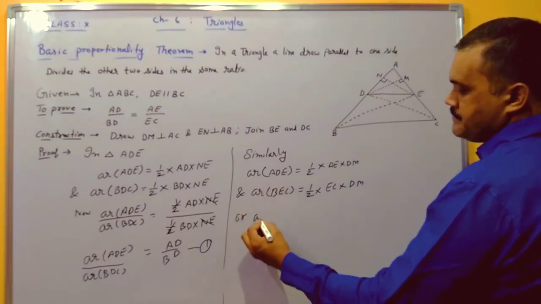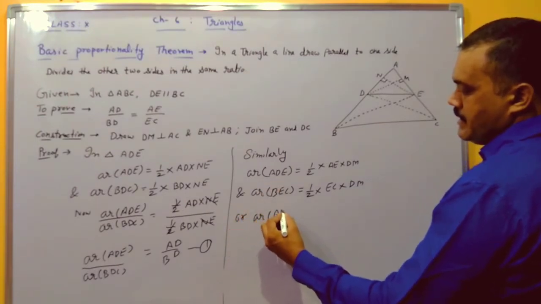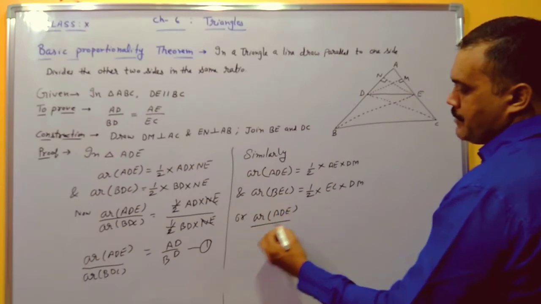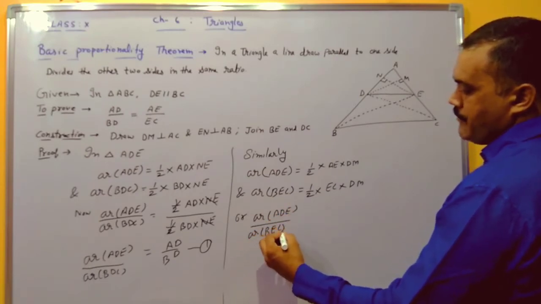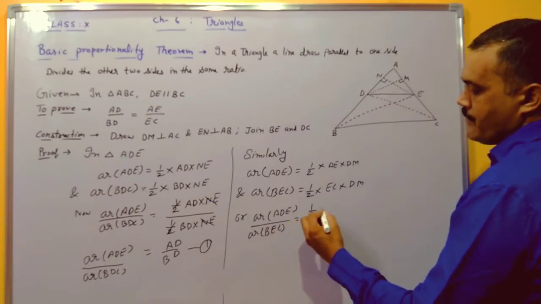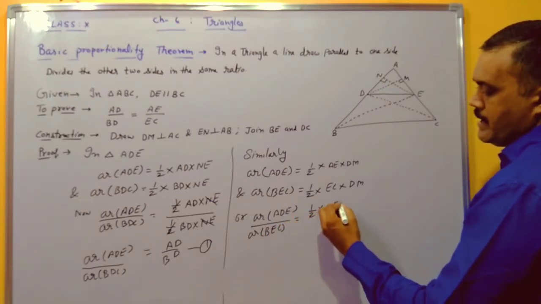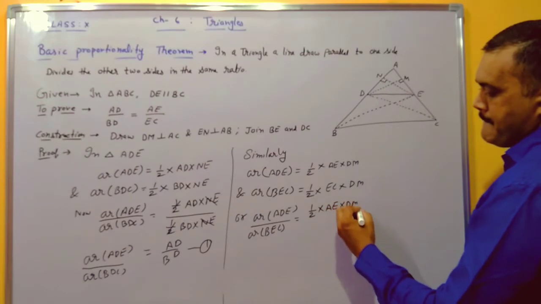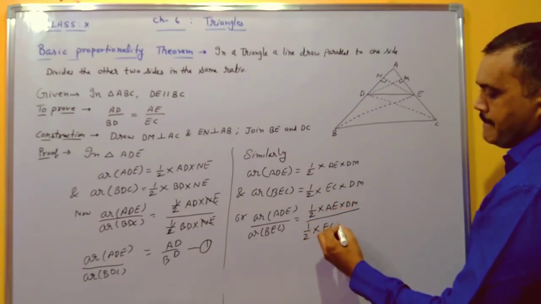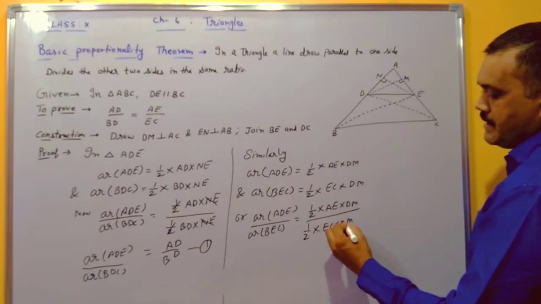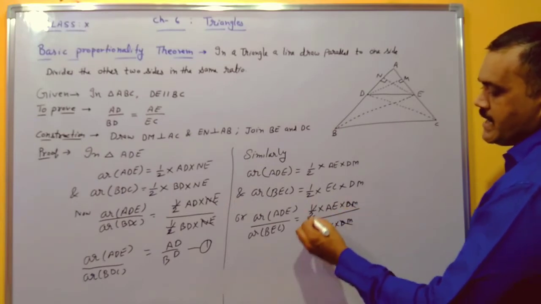Dividing both, area ADE upon area BEC is equal to half into AE into DM upon half into EC into DM. DM gets cancelled, half gets cancelled.